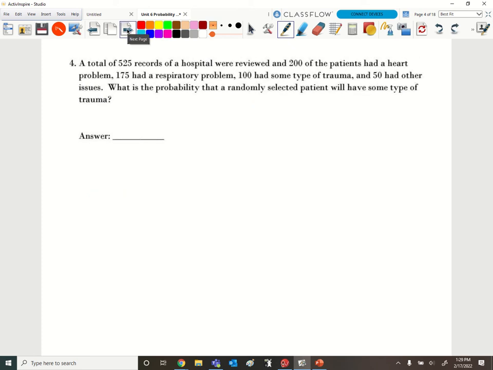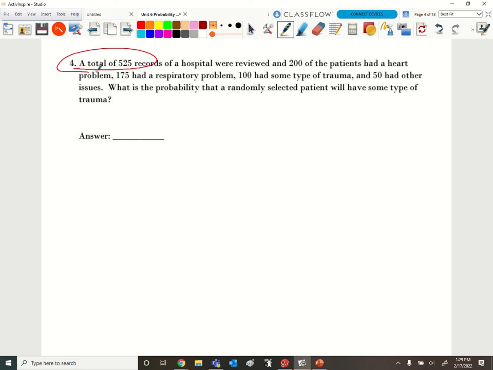A total of 525 records of a hospital were reviewed, and 200 had heart problems, 175 respiratory, 100 had some type of trauma, and 50 had other issues. What is the probability of a randomly selected patient to have some type of trauma? Now, first, what is my total? 525. It's 525, right? They give it to us in our first statement here.